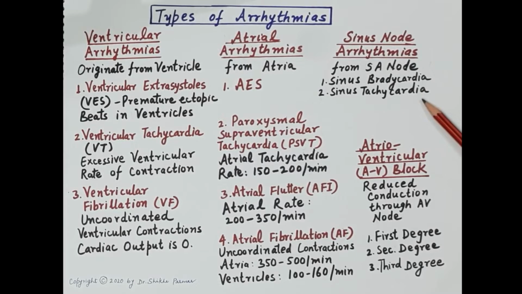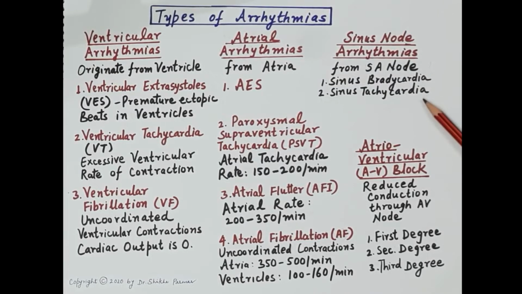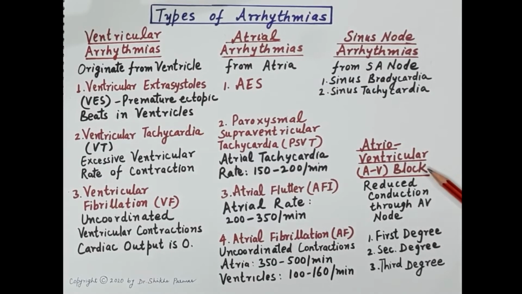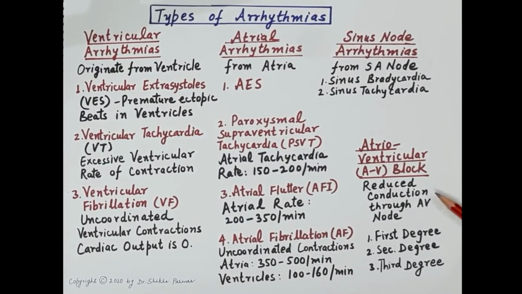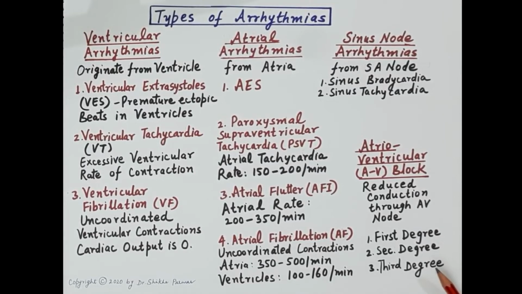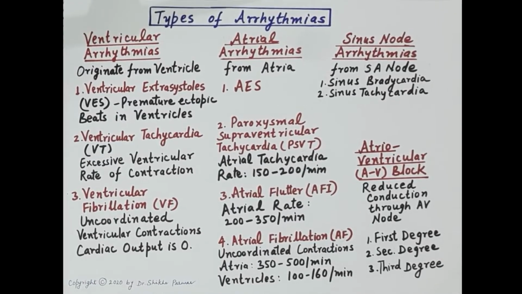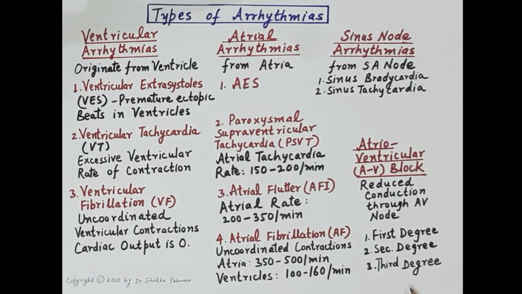And when the automaticity of the SA node increases to more than 100 impulses per minute, the arrhythmia is termed sinus tachycardia. Now coming to the atrioventricular block, or AV block, this we have already discussed once earlier. There is reduced conduction through the AV node, and this is of three types: first degree block, second degree block, and third degree block. So this is all about the pathogenesis or mechanism of arrhythmias and the different types of arrhythmias.